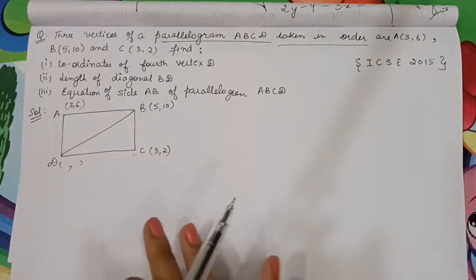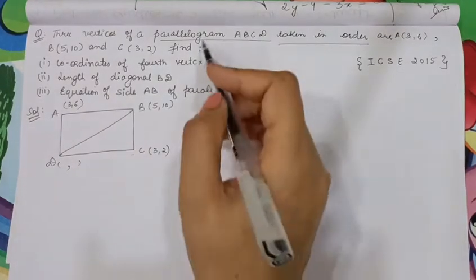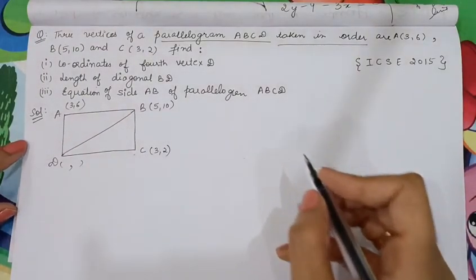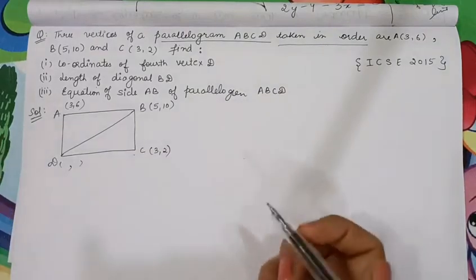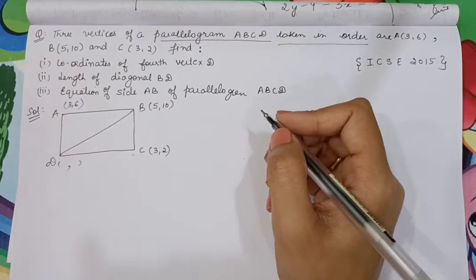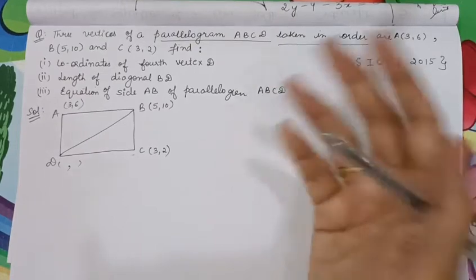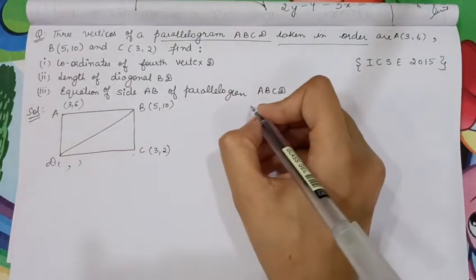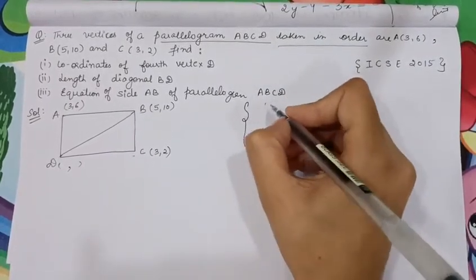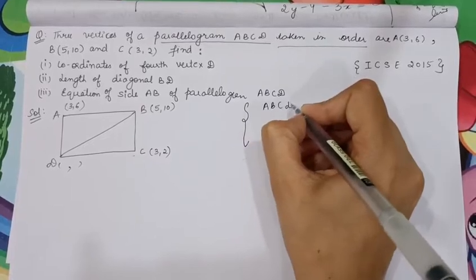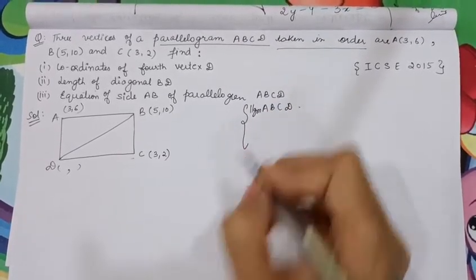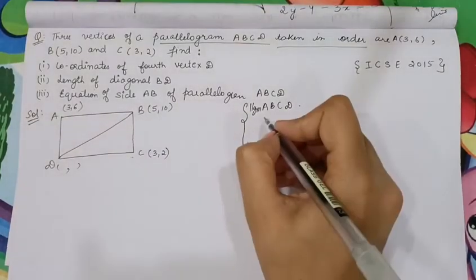How to do it? For this question, you should know the properties of a parallelogram. I'll just discuss the properties so that it will be easy for you to attempt such questions. Maybe in some other question you will have to find something else. So let's discuss the properties of parallelogram ABCD. In a parallelogram, opposite sides are parallel to each other.